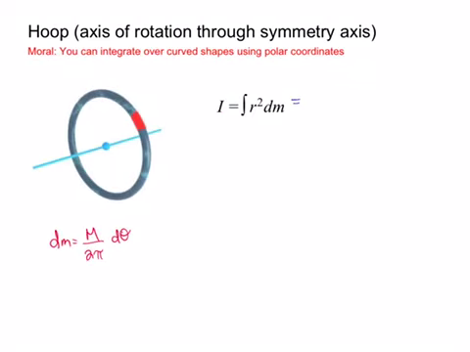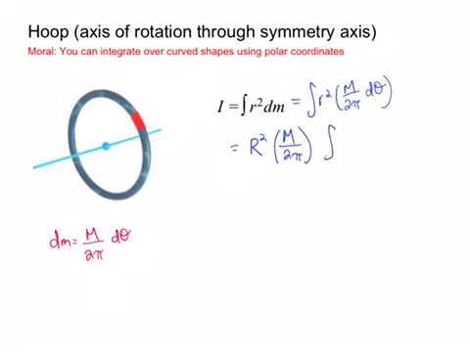So now let's plug this into our integral and see what happens. We keep our r squared, and our dm gets replaced by this term here, which I brought over on the bottom left. And it looks like we've lucked out here because now our r is constant. So we can upgrade our r squared into capital R squared, and that can get pulled out. Also, our big M and our 2 pi get pulled out. And we have a nice integral to do here where it's just our differential d theta.